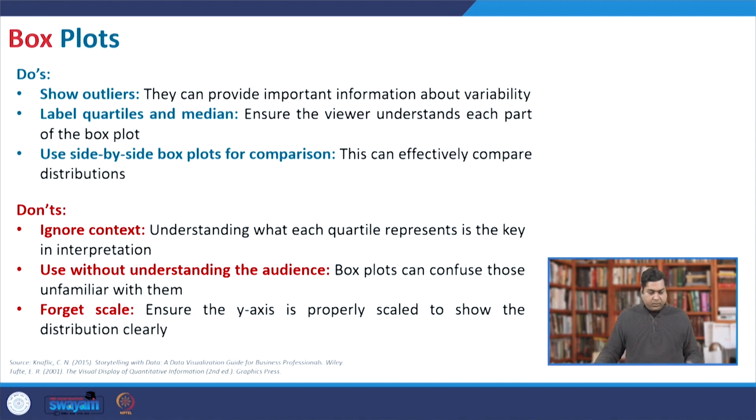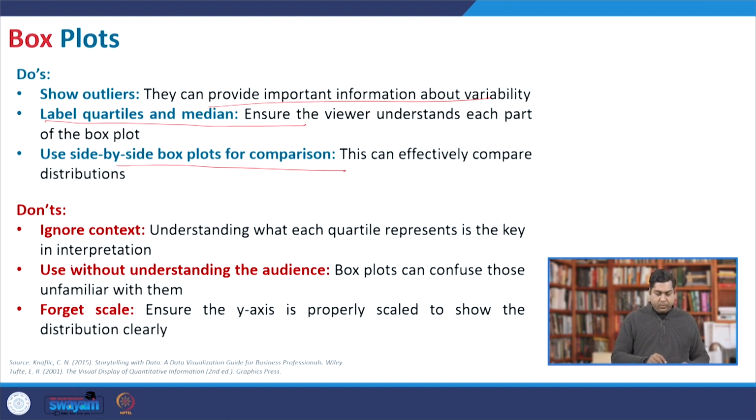For a box plot you should definitely show the outliers, because they can provide important information about the variability, and you should also label the quartiles and the median effectively. Use side-by-side box plots for comparison, in the way we have shown for the hotel rents in different tourist cities.